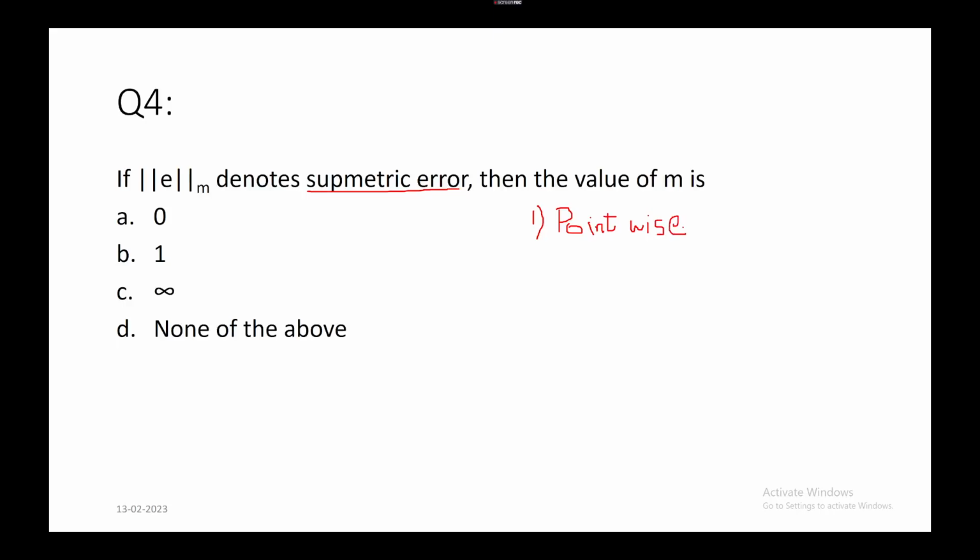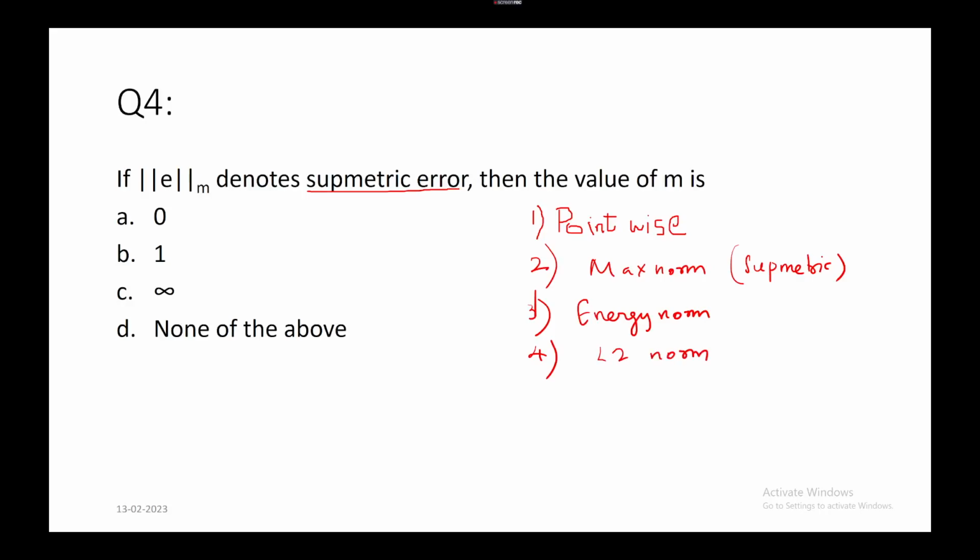Second is the max norm, which you can write as supremum. Third is the energy norm. Fourth is the L2 norm. Are you able to recall these names? So there is one thing called the supremum error, which is the max norm.